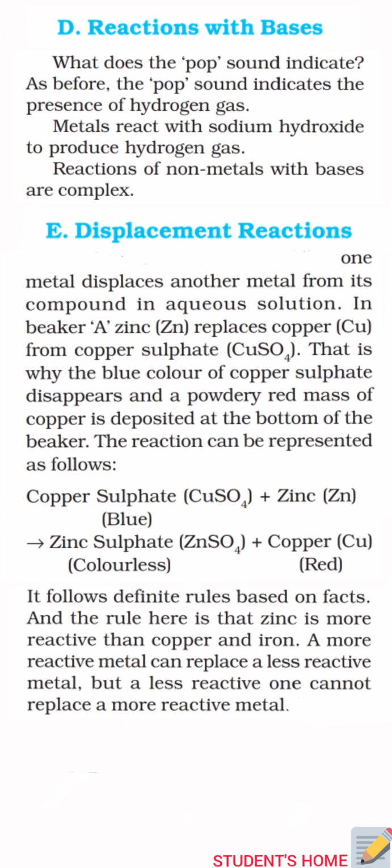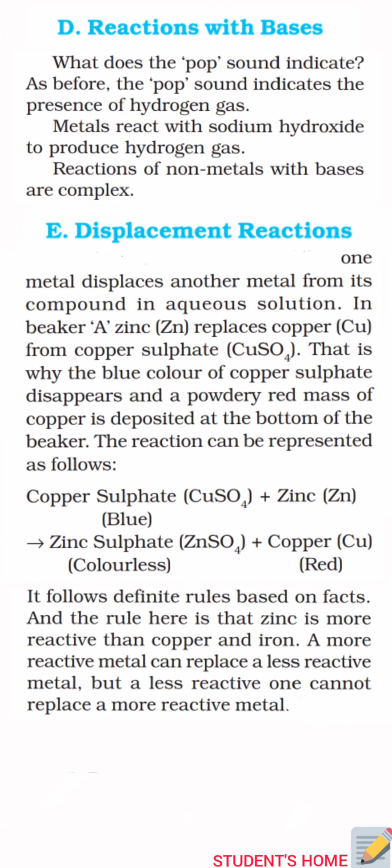The reaction can be represented as follows: copper sulfate, CuSO4, plus zinc, Zn. The copper sulfate is blue in color, and it will turn into zinc sulfate, ZnSO4, that is colorless, and the deposit will settle down as copper, Cu, in red color. So here it follows a definite rule based on fact: zinc is more reactive than copper and iron.